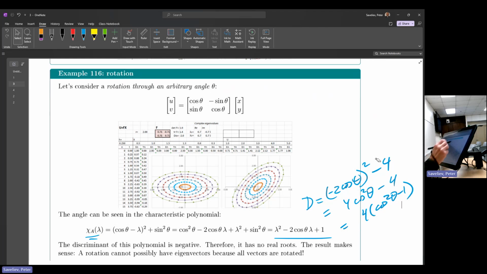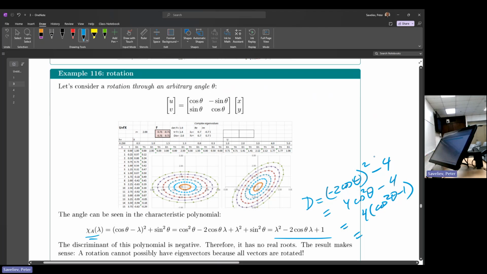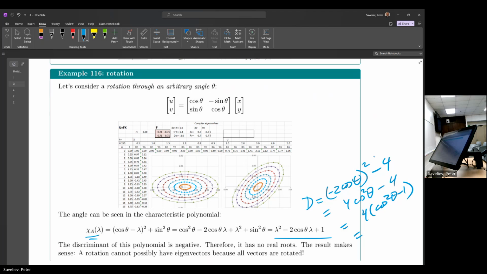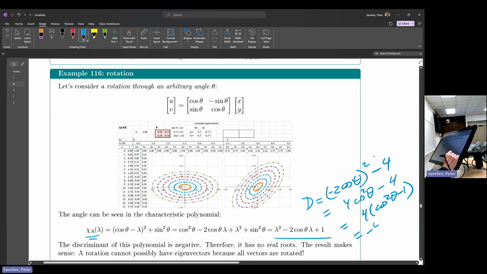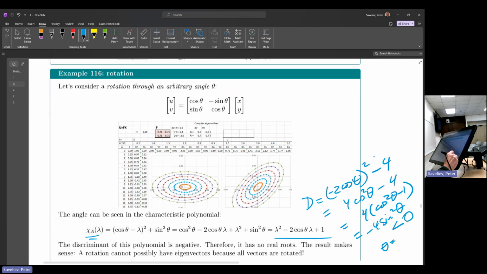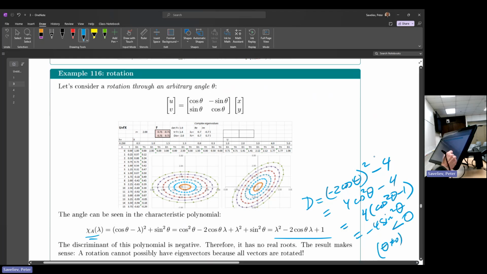Okay. So what can you say about this expression? Cosine squared theta minus 1 is equal to what? Negative sine squared, right? So it's negative 4 sine squared theta, which is actually totally negative, unless theta is equal to 0, no rotation at all.